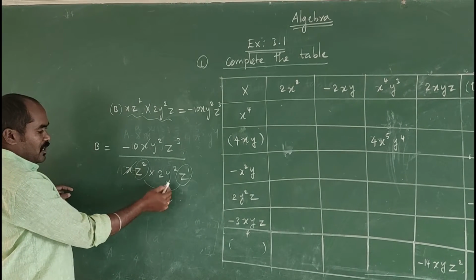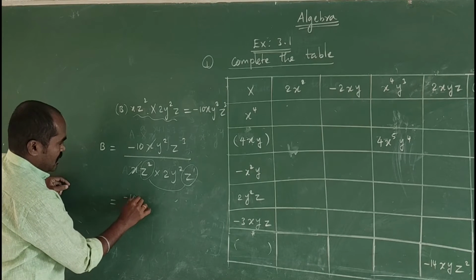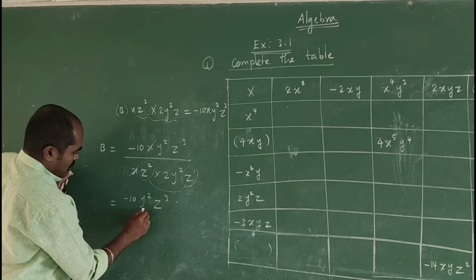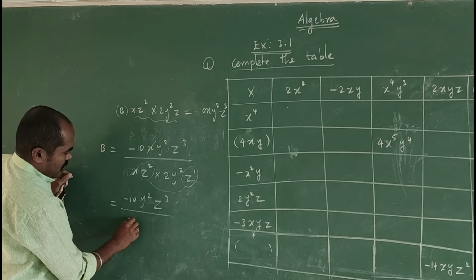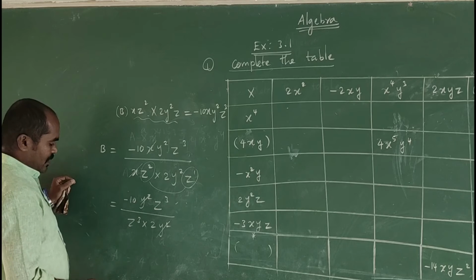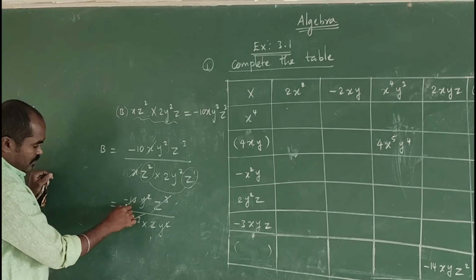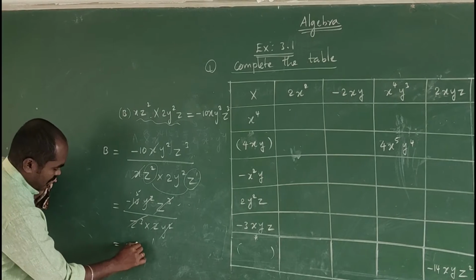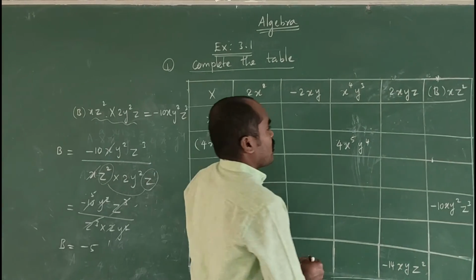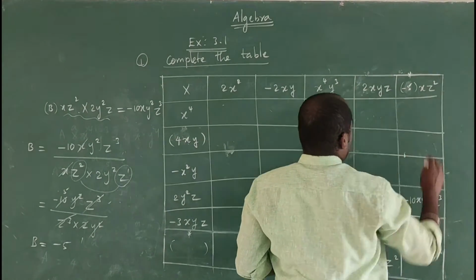So z power 2 into z power 1 is z power 3. So write minus 10 y square z cube divided by z cube into 2y square. So here y square cancel, z cube cancel. 5 2s are 10, so we get minus 5. So the unknown term is minus 5. So fill your unknown term here. So this is minus 5.